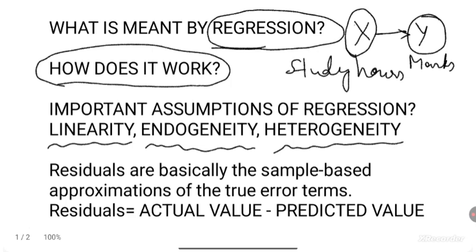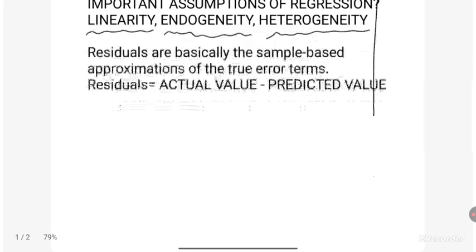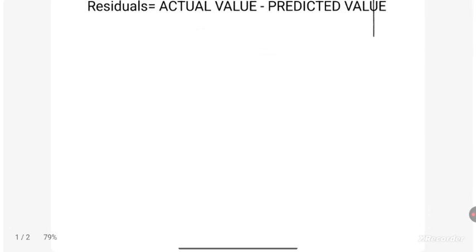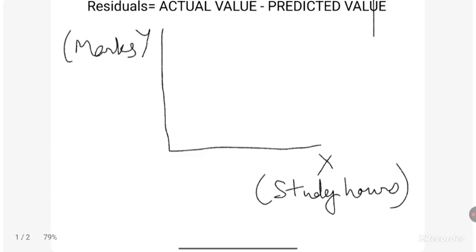Now, what happens in this case? So let me show you how this works. Say for an instance, this is a graph where x axis and y axis, x is the horizontal axis which depicts the study hours being put by the student, and y is the marks secured in the test.